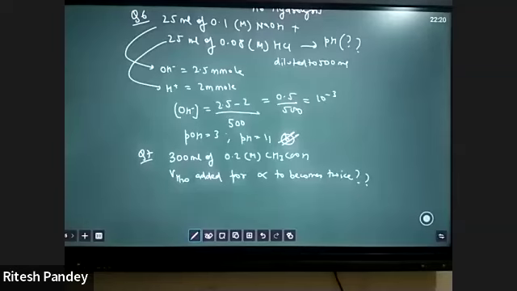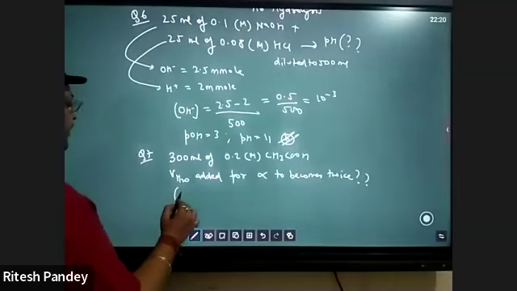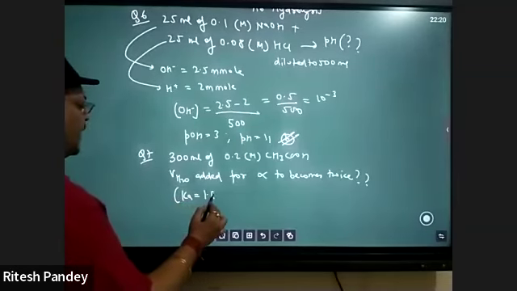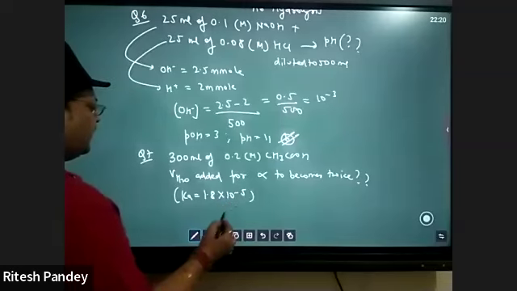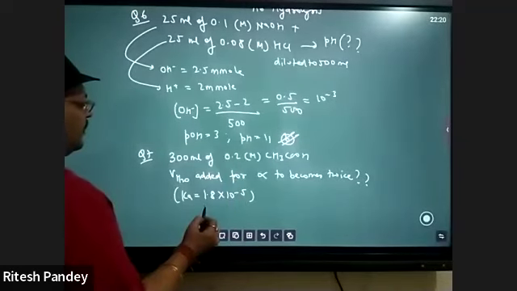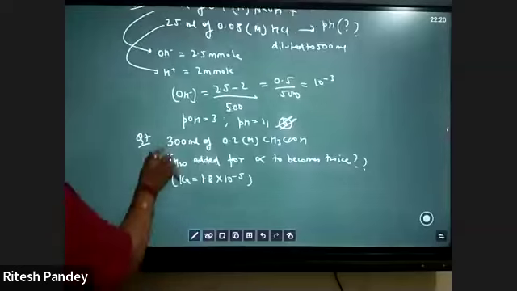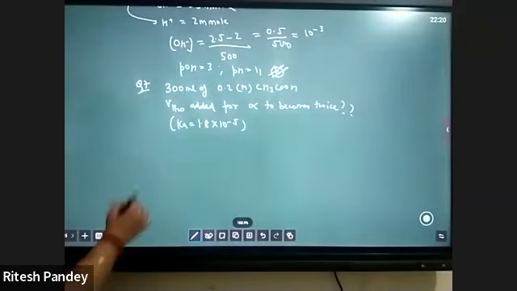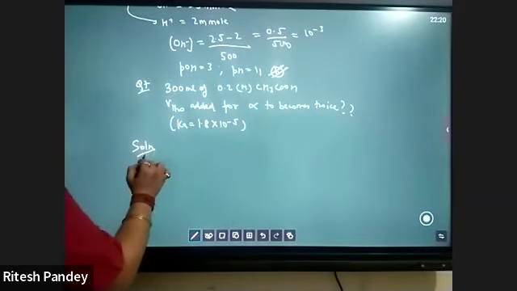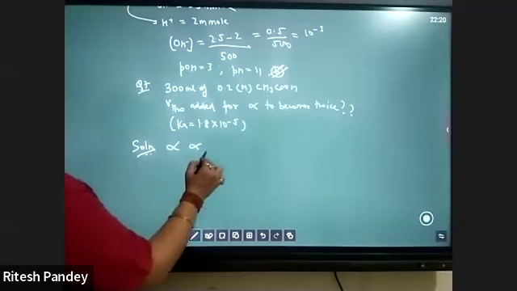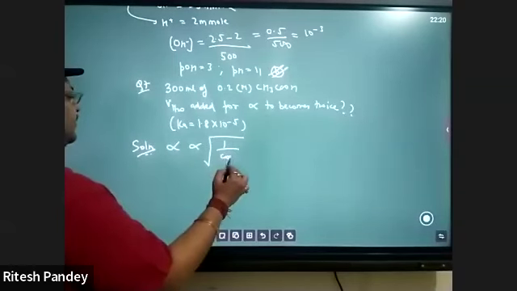Naturally, they have given you the value of K, which is the age-old value of 1.8 into 10 to the power minus 5. Neither this will be required nor this. Now, people who are coming up with the right answer, which is B Bombay, would want to quickly elaborate how you get it. Ostwald dilution law: alpha is proportional to 1 upon root of concentration.